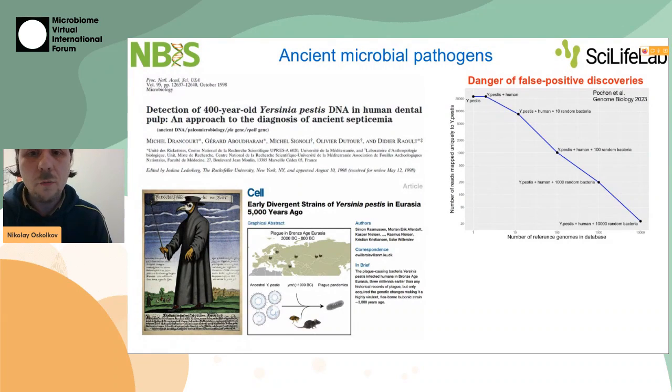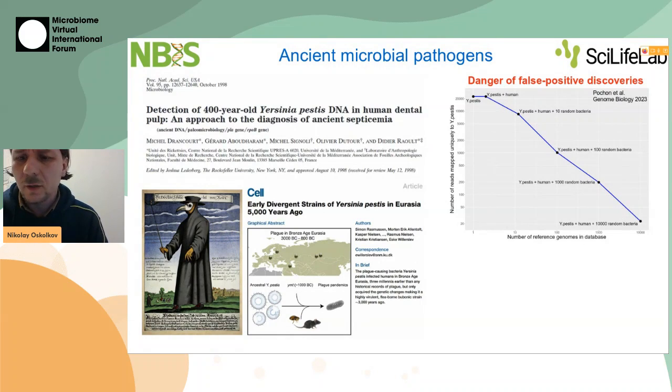For example, what we are showing in our paper, and other people also show in different studies, is that if you take just a random metagenomic sample and map the sequenced reads to the Yersinia pestis reference genome, what I'm showing here on the y-axis is the number of reads from a modern infant stool metagenomic sample, a random sample, that map uniquely to the Yersinia pestis reference, even though they were given a choice to be mapped to the human reference genome and many other microbial reference genomes.